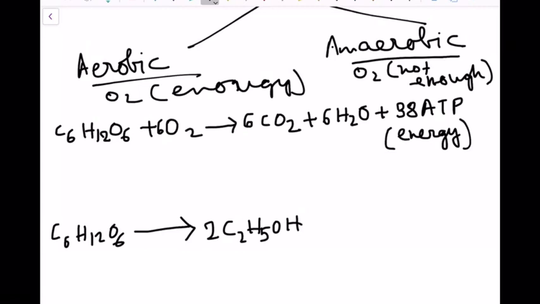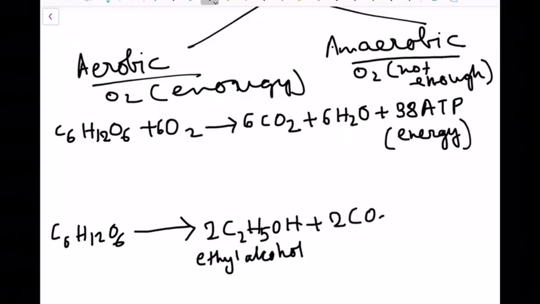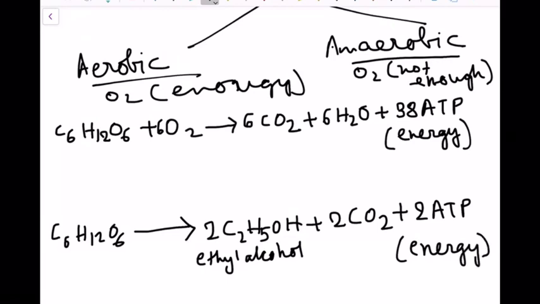This is the formula of ethyl alcohol, which in common term we say toxin. In our body we have got a lot of toxin accumulated. Toxin is nothing but ethyl alcohol, plus 2 molecules of carbon dioxide plus only 2 molecules of ATP. That is energy, which is very less.